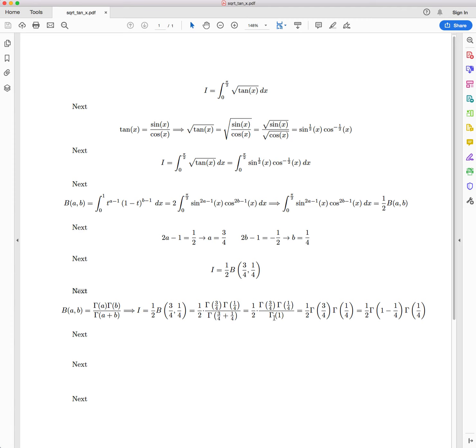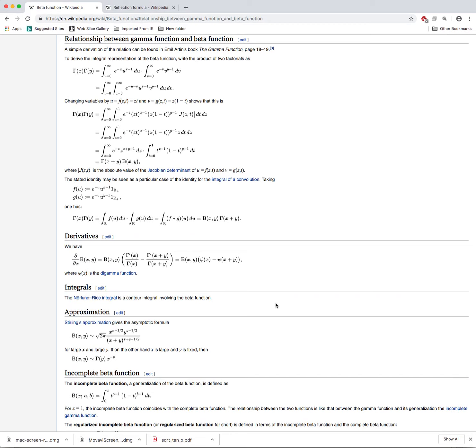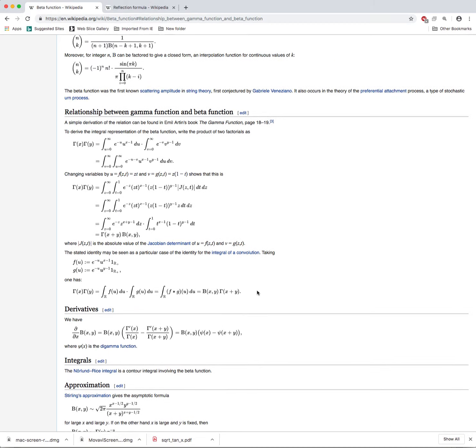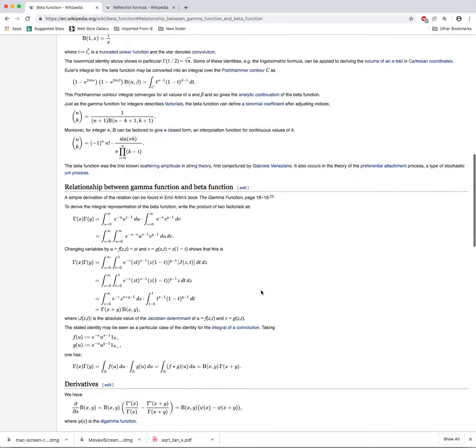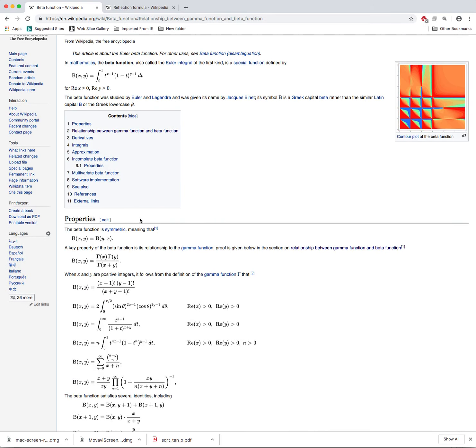And gamma of 1, for anyone who isn't familiar with the gamma function, I highly recommend that you spend some time looking into that, but it's essentially an extension of the standard factorial that we're used to. So, n factorial, which is n times n minus 1 times n minus 2, etc., and going down. What if we want to extend that so that we don't have to include just whole numbers?